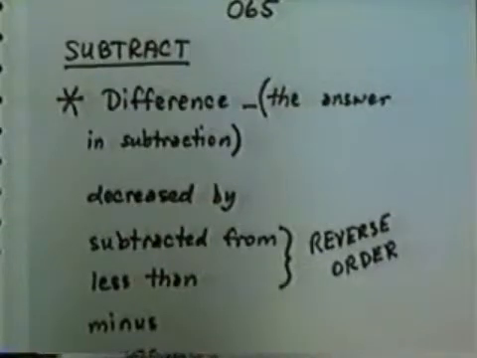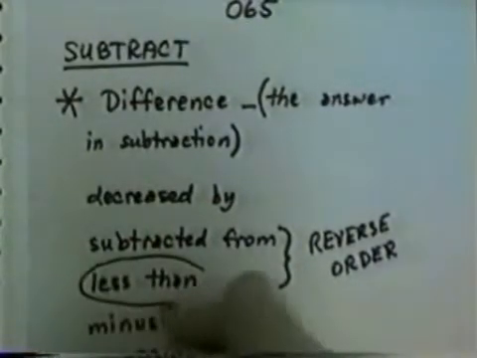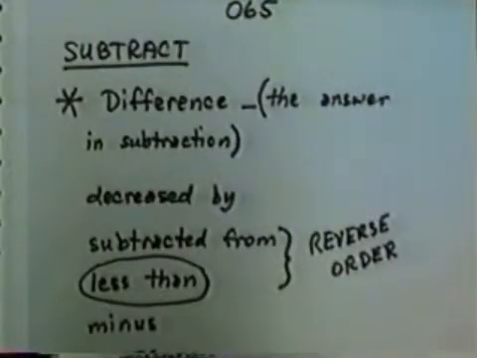By far the most common reverse order phrase is less than. Less than is used very often in everyday speech, and when we write the mathematical translation for an expression using less than, we must reverse the order of the expressions from what's given to us in English.